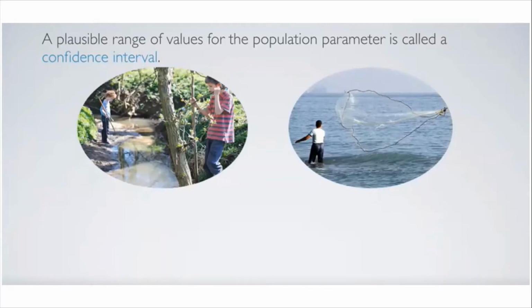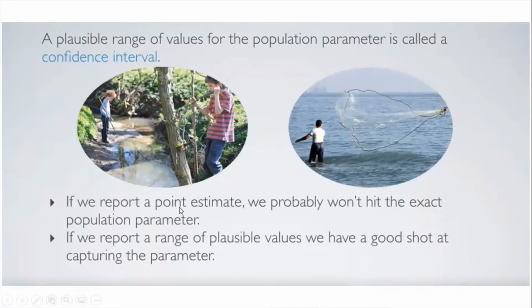On the other hand, let's see this man, he caught fish with a net. So if we make it larger and try to capture the true value of the population, like this man did, it is more likely that we will capture the true population parameter. That's the idea here. What is the point estimate?